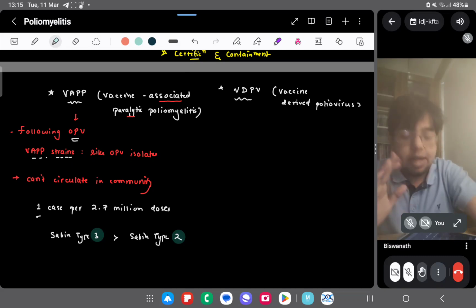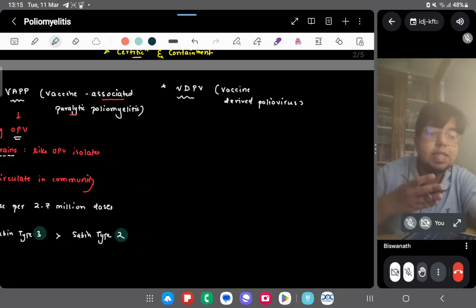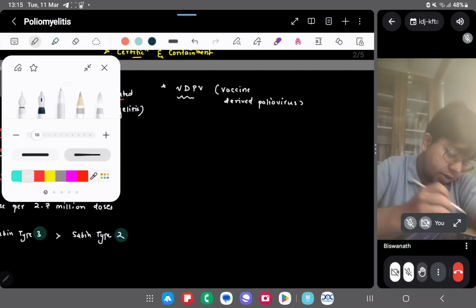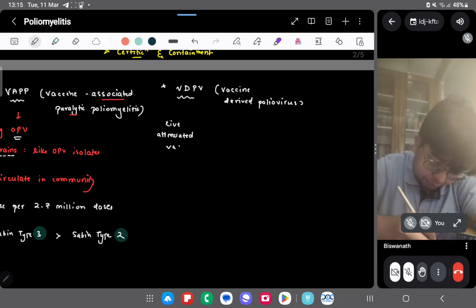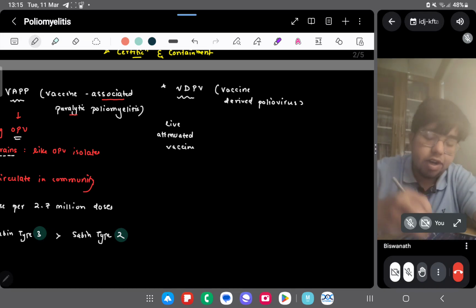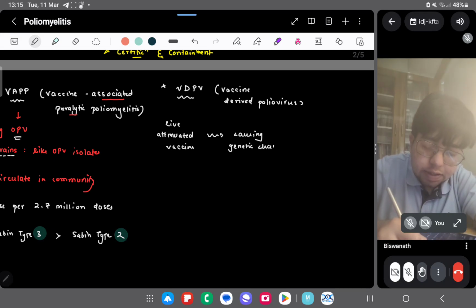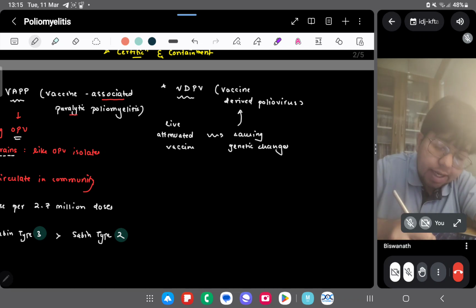Next, we have vaccine-derived poliovirus. What happens is that we are giving a live attenuated vaccine. This live attenuated vaccine is basically causing genetic changes and forming this vaccine-derived poliovirus.